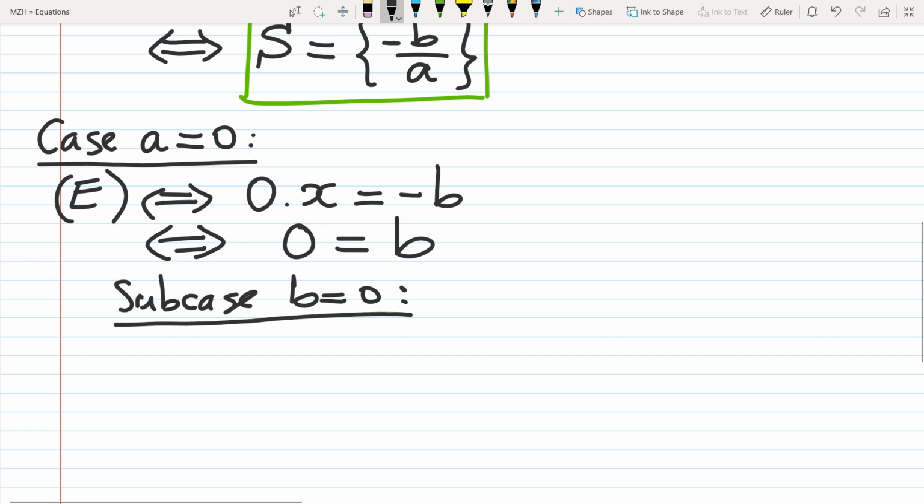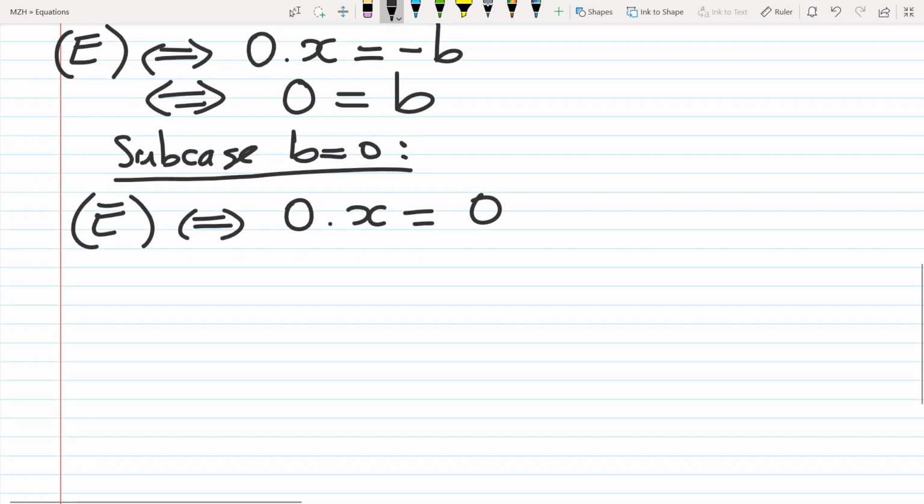you'll notice that E will be equivalent to 0 times x is equal to 0. So what are the numbers that verify this equation? You'll notice that all numbers actually verify this equation. 1 times 0 is 0, 3 times 0 is 0, any number actually times 0 is 0.